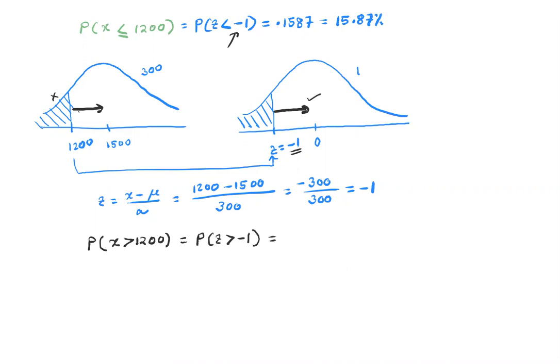This area must be equal to this area, right? Now, how would I find that? You guys should know it. As a matter of fact, you do know it. I told you about it in the last class.